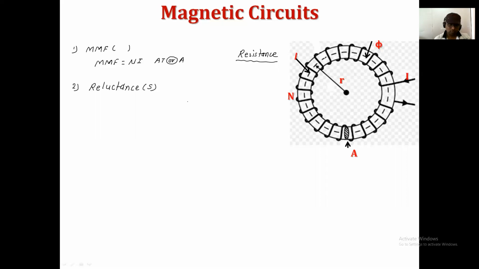Magnetic flux. Absolutely correct. Which will oppose the flow of magnetic flux through it. सिंपल डेफिनेशन आहे. लिहा, डेफिनेशन मी सांगतो.